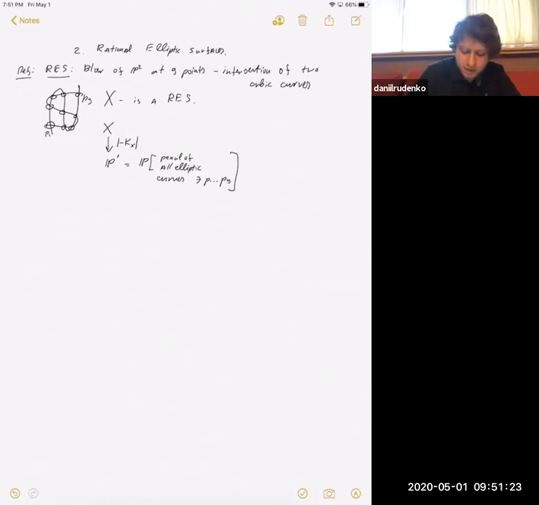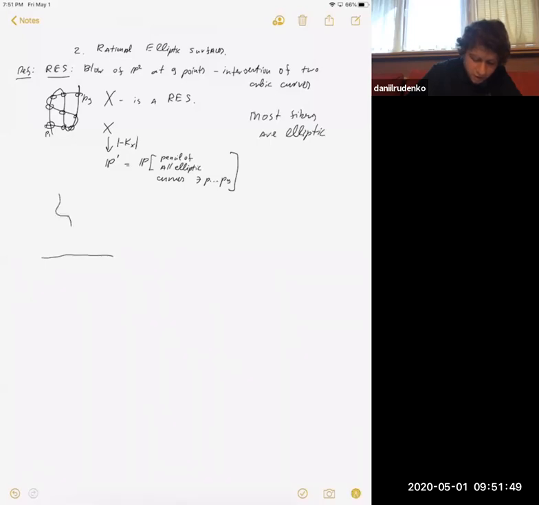So this is the map, and the generic fiber is an elliptic curve, and then there are some degenerations. Most fibers are elliptic, but they can degenerate, and there is the Kodaira classification of these degenerations. A typical fiber looks like an elliptic curve, but there are also different degenerations.